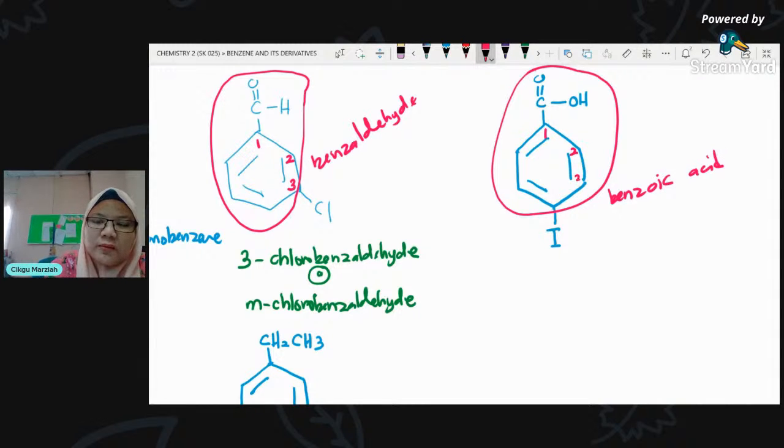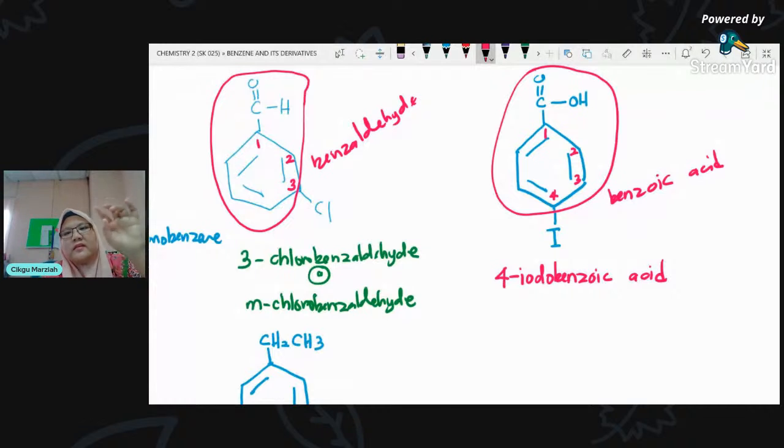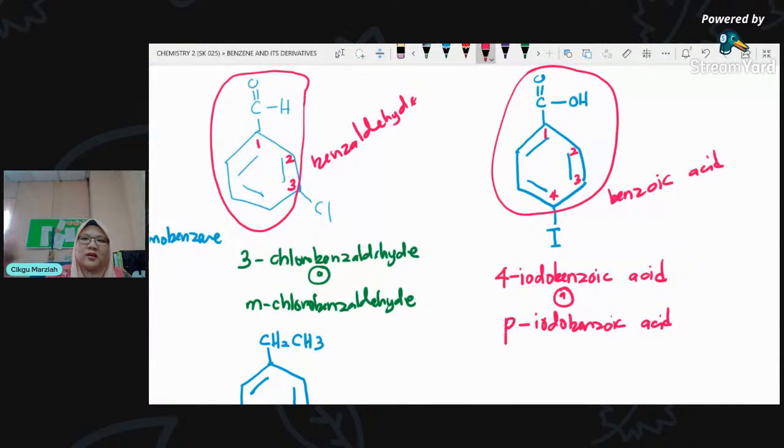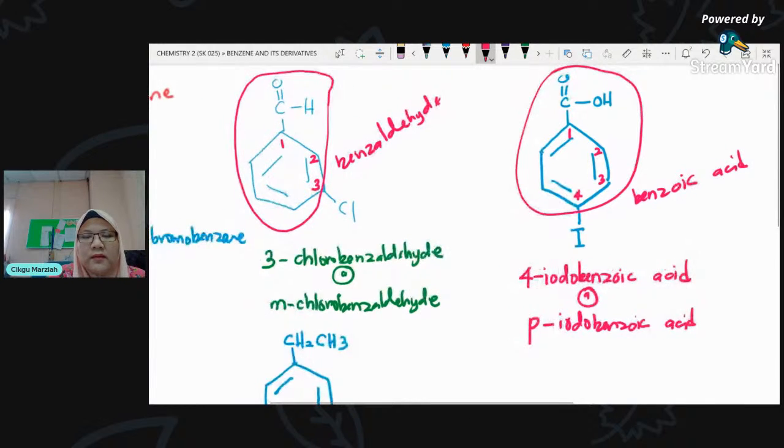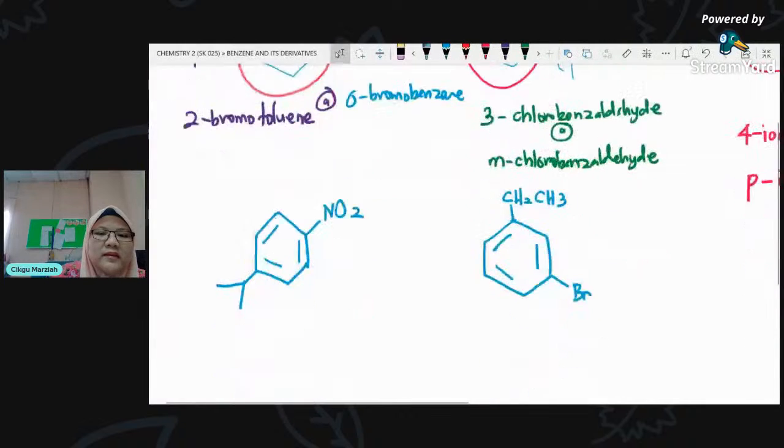So automatically this is carbon number 1, number 2, number 3, number 4. So it will become 4 iodo benzoic acid. Oleh kerana it is at carbon number 1 and number 4, so it's contained 2 p iodo benzoic acid. Okay, number 1 tu tak semestinya yang duduk atas, dekat mana-mana position pun boleh. P iodo benzoic acid. Alright, so let's look at another 2 example.